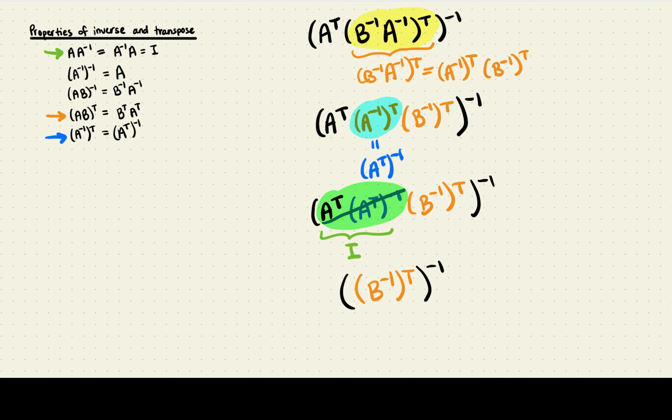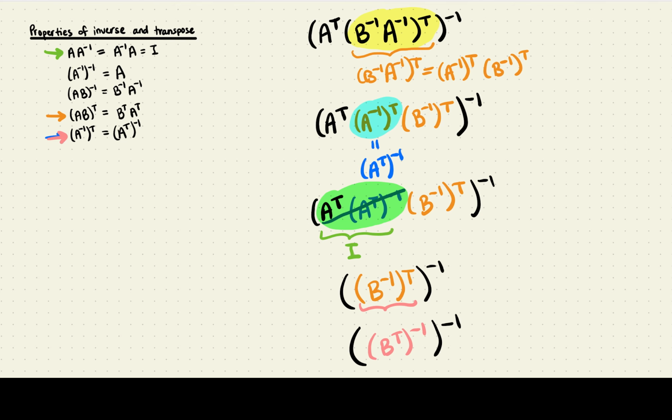So let me get a different color here. Inside the parentheses, I can again swap the transpose and the inverse. So that's this last property again. I'm going to apply that again here, but this time to the matrix B. So now I've got B transpose inverse on the inside. I still have that inverse on the outside.